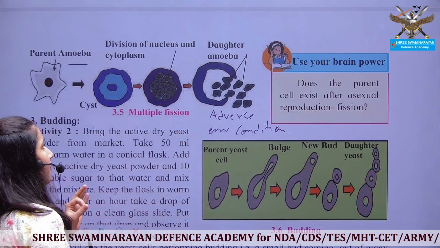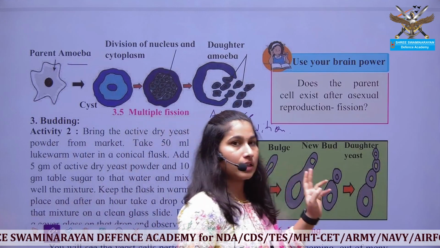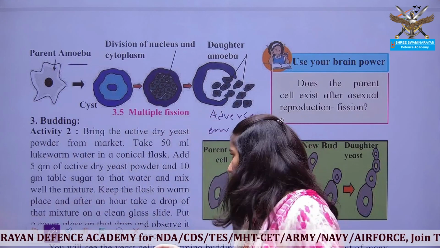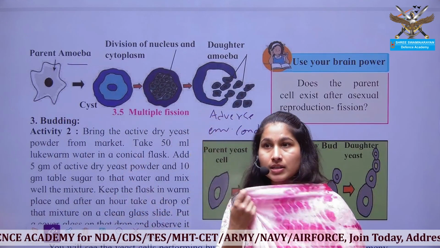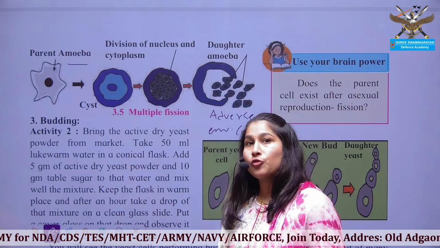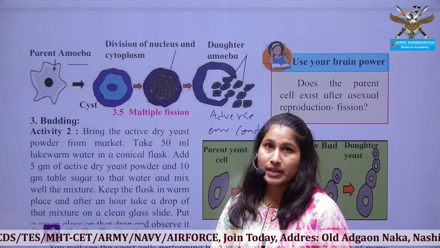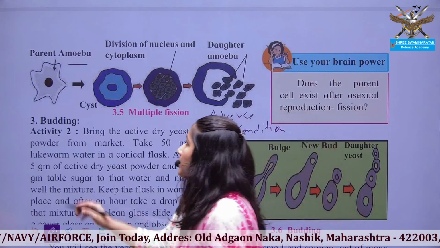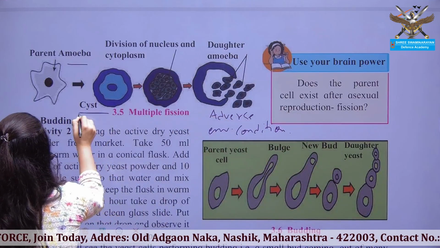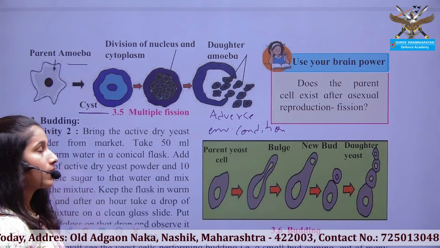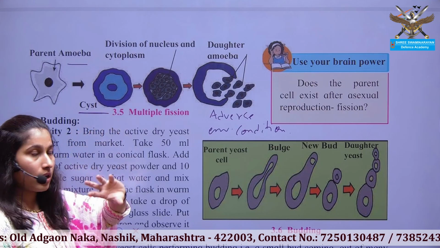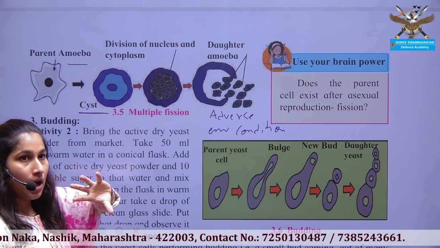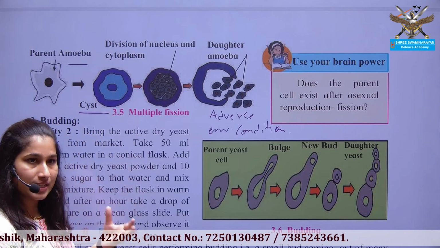But whenever the environmental condition is abrupt or adverse, there is scarcity of food, the amount of food is not ample for the organisms. In such condition, this amoeba is converted into which form? Cyst form. Cyst is a spore in which the amoeba undergoes the process of cyst formation.